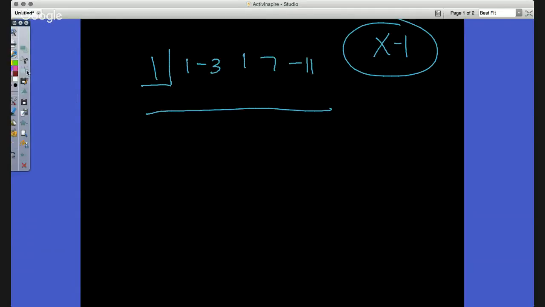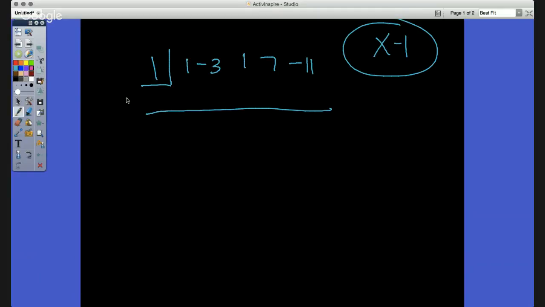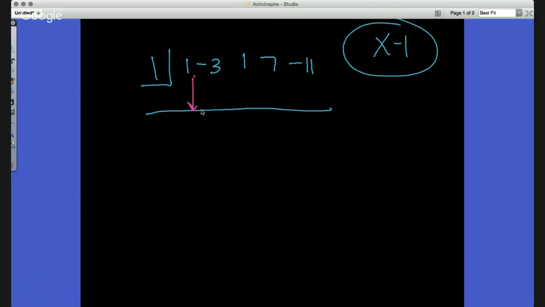Very good. So now we could just use synthetic division and solve using this method, okay? Does anyone have questions on how I set this up? Okay, perfect. So if we bring down the first one, what do we do with 1 here?